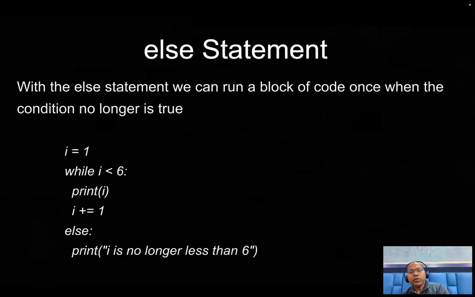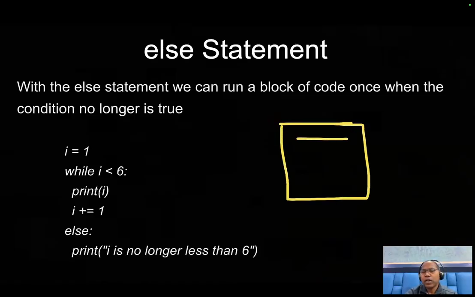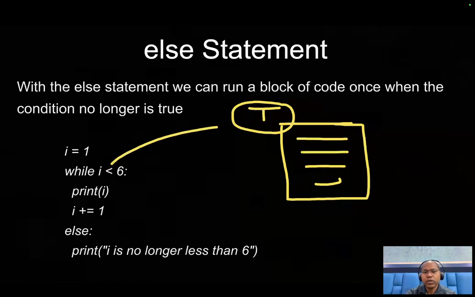Okay. So similarly, let's look at the while loop with else. This is the block of code that is executed until this condition is true. Once the condition is false, what do you do? Then you can use else, where I want to do something.